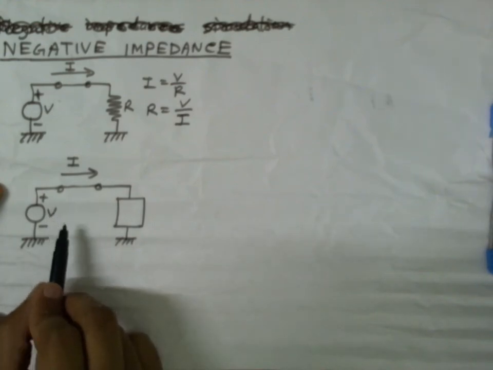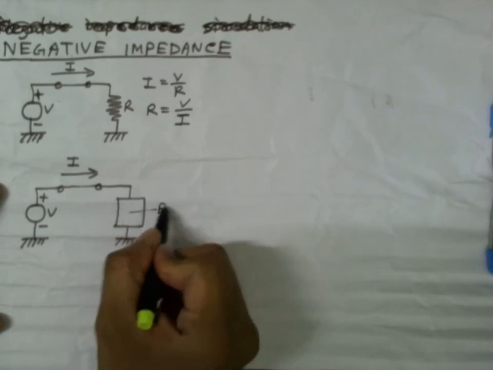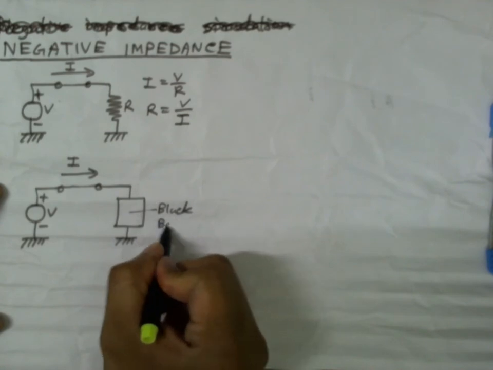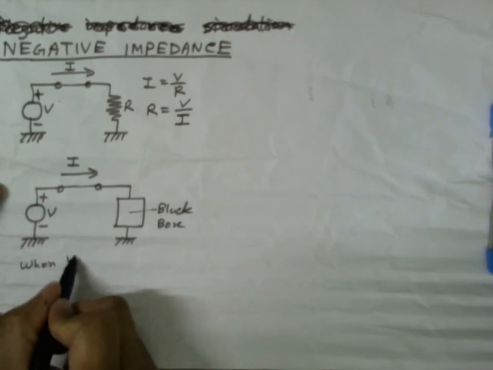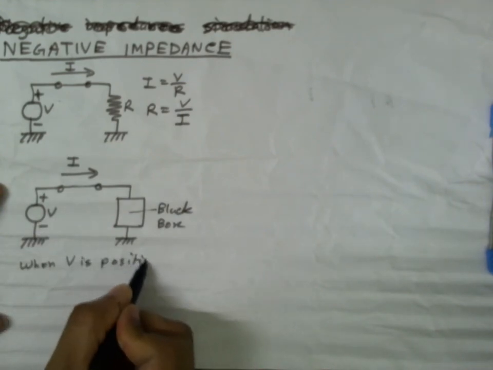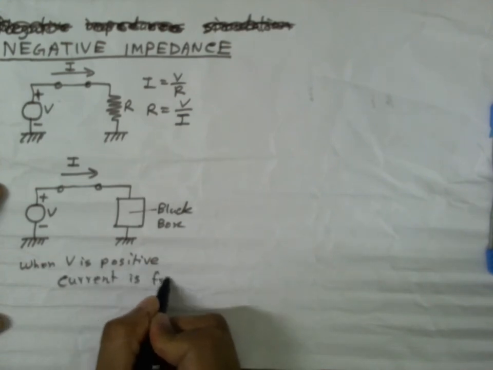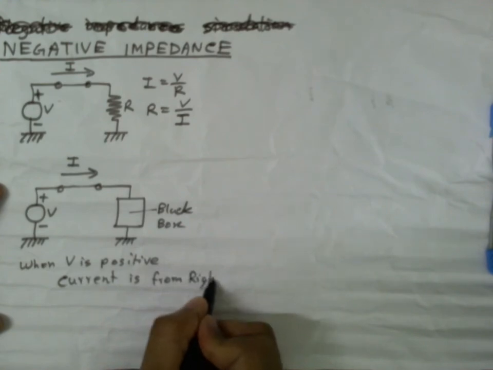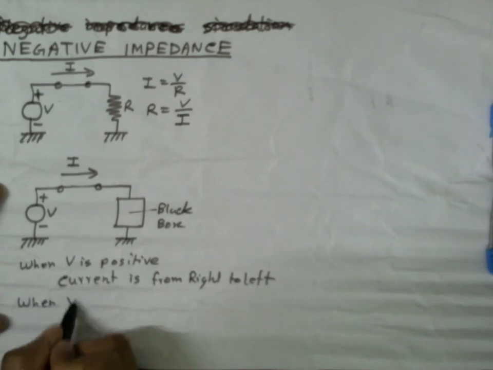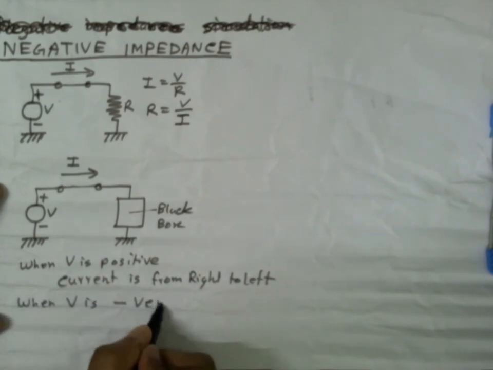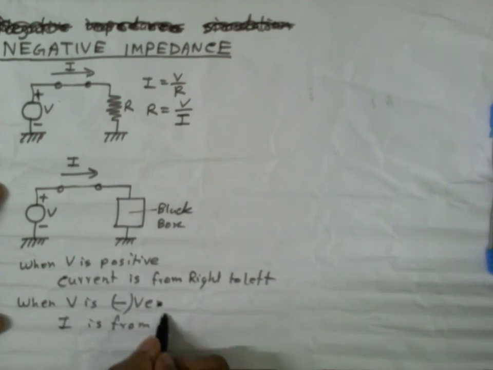Now if I can make a situation, somehow, in this black box, I don't know what is there inside, but if I can make a box such that when V is positive, current is from right to left, and when V is negative, current is from left to right.